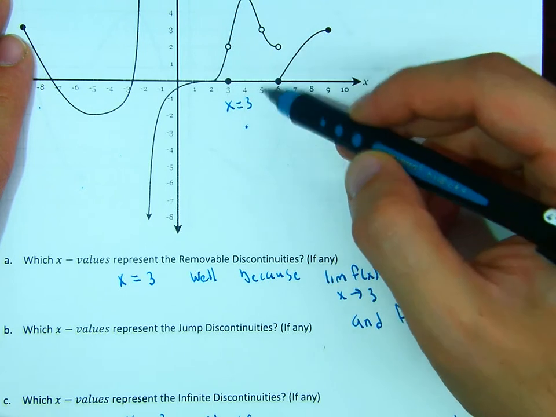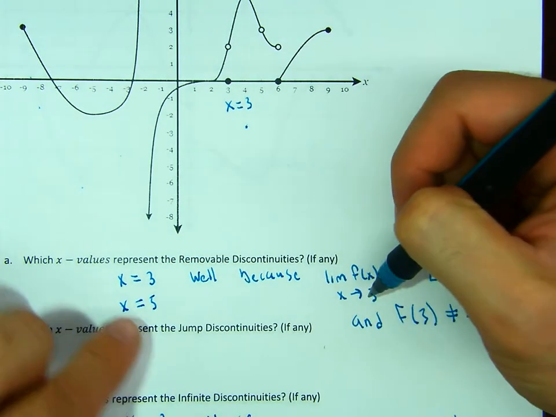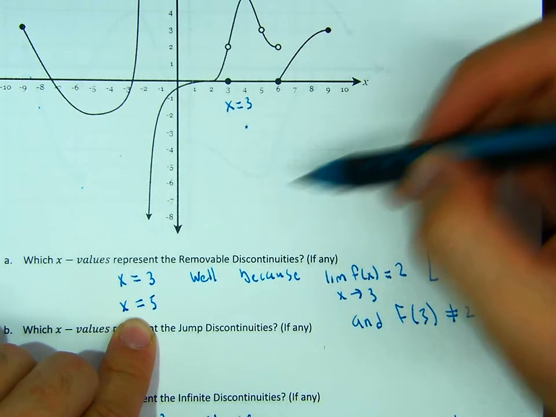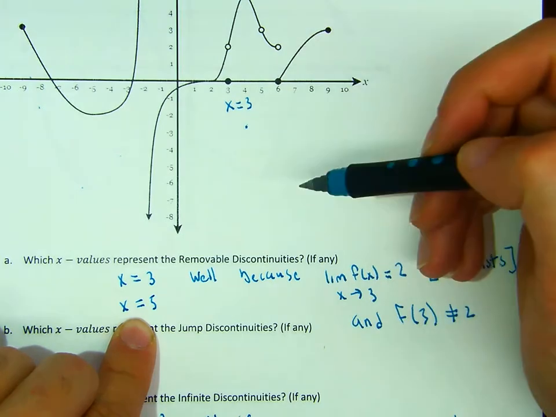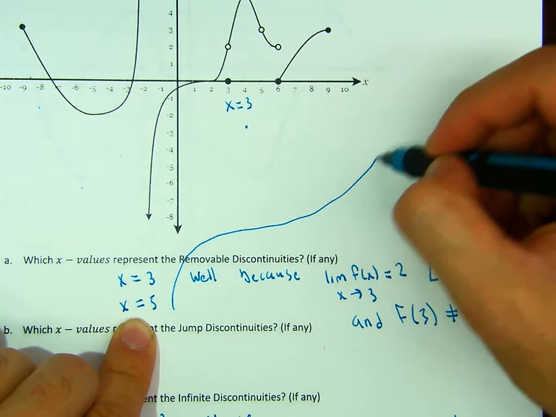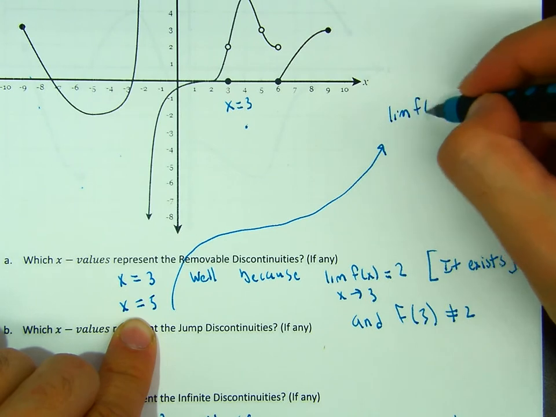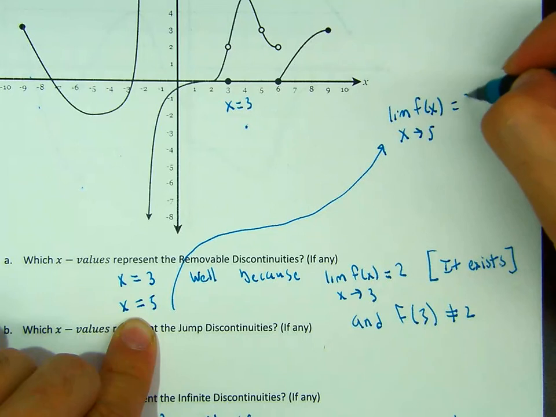What's the next one? Here, x equals 5. What I want you to do is pause the video and try and give an explanation very similarly to what I have over here. Why is it at x equals 5 there's a removable discontinuity, right? Here, the limit of f of x as x approaches 5 is equal to 3.